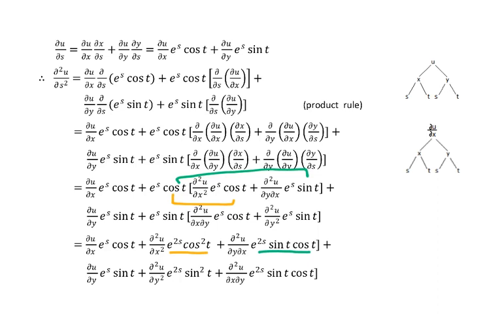If we look at this product here, then we get this term over here, e to the power 2s times sin of t cos t. And finally, if we look at that product, we get e to the power 2s times sin squared of t.